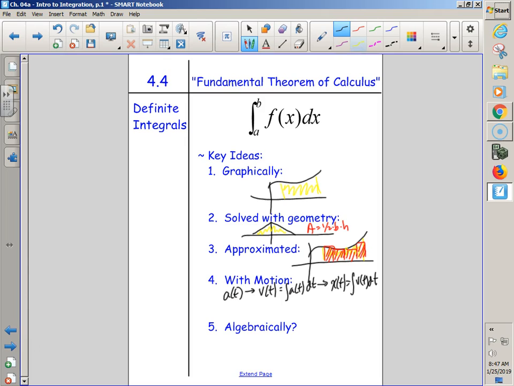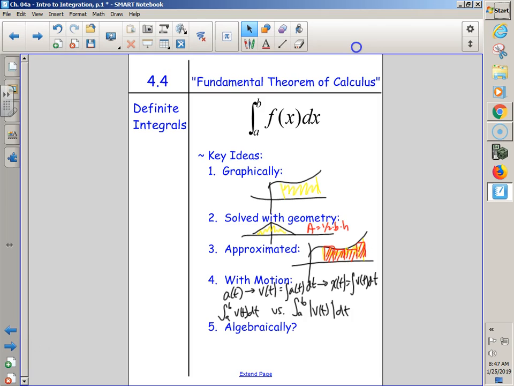Then we also talked about what the definite integral between A to B represents as far as displacement, versus the integral from A to B of speed, total distance traveled. But algebraically, how do we not use a graph? How do we not use rectangles? How do we not just use our calculator? That's what section 4.4 seeks to answer.